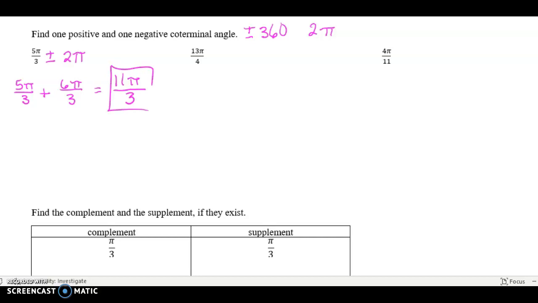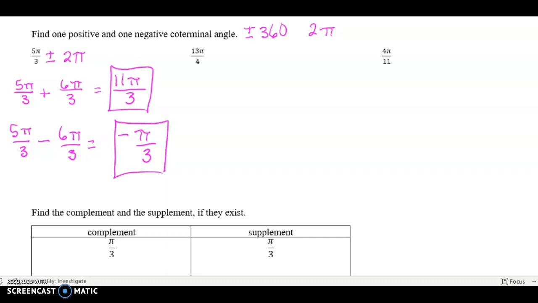So that is a positive coterminal angle. Now let's take 5 pi over 3 and let's subtract 6 pi over 3. And that gives me negative 1, or just negative pi over 3. And that is a negative coterminal angle.